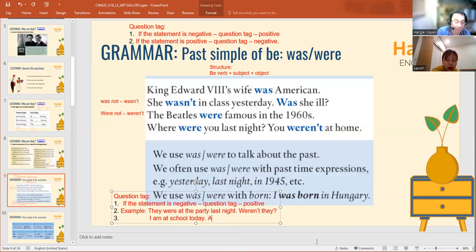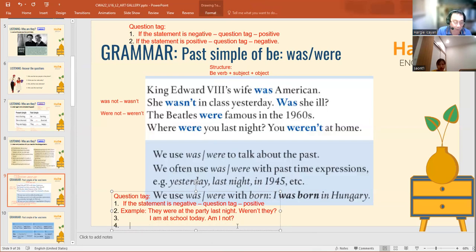What's the be verb? Am, not. Right? Why? Because again, this one is a positive statement, and then the question tag should be negative. Am I not? Okay, again, what's the rule? Be verb plus subject plus object, right?